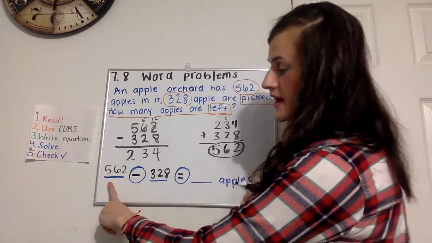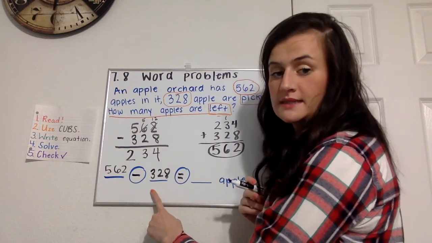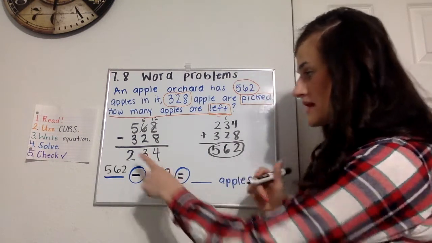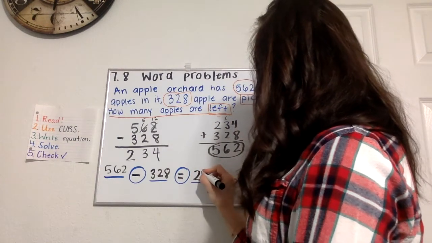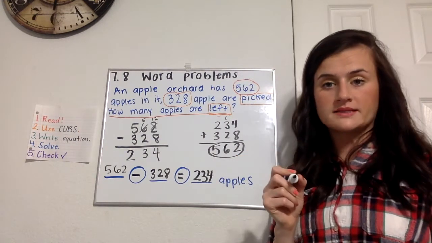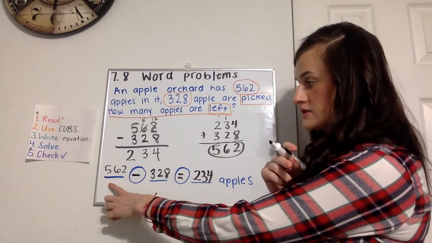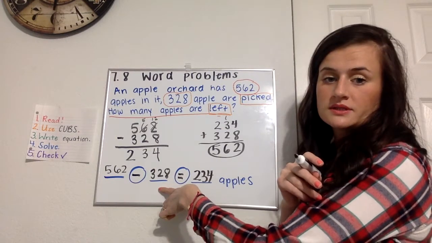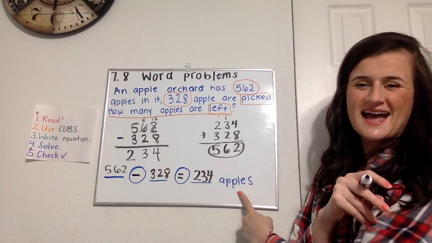So far it reads 562 subtract 328 equals, and we're going to plop in our last number, or our answer, 234. All right, second grade, so our complete answer says 562 subtract 328 equals 234 apples.